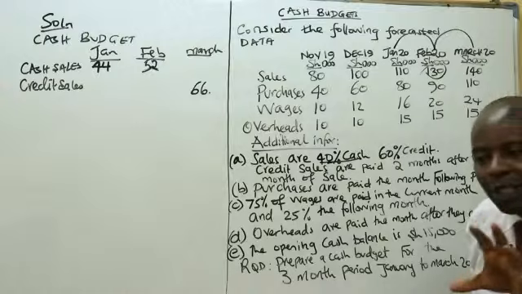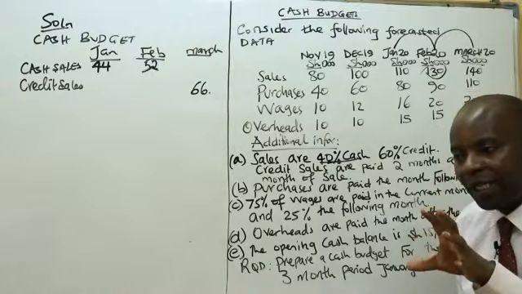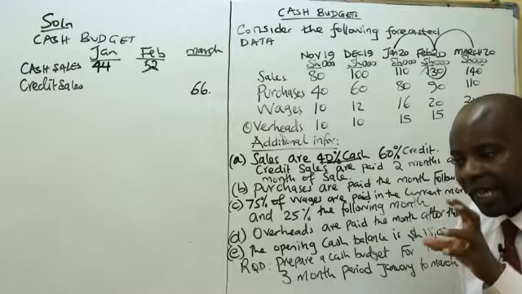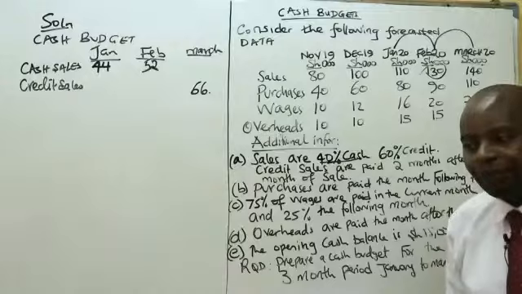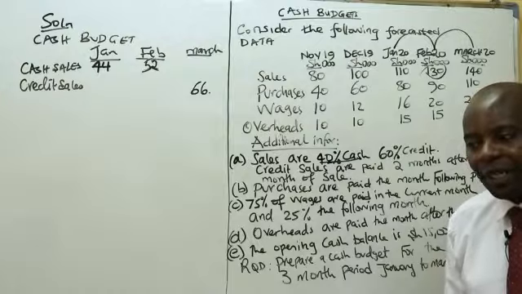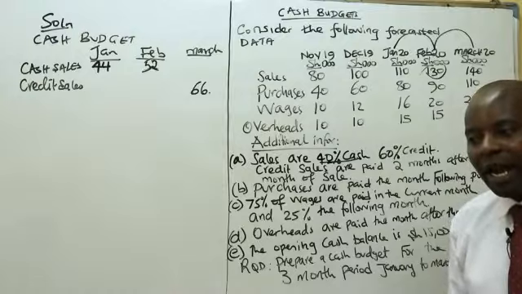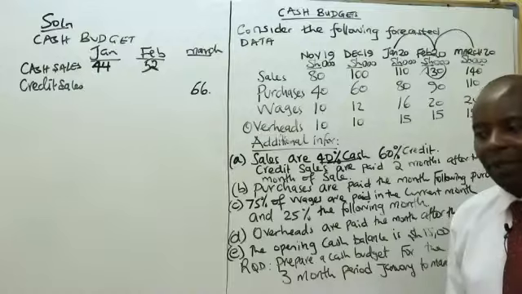So when are we going to receive this 78, my great students? When shall we be receiving this 78? From Beatrice, it will be received in the month of April.